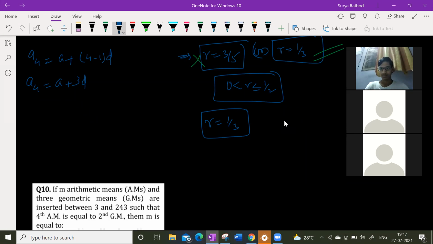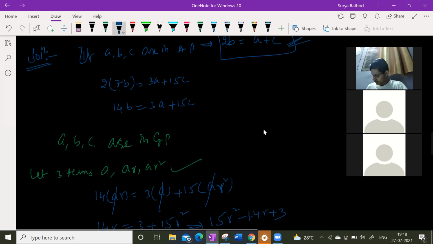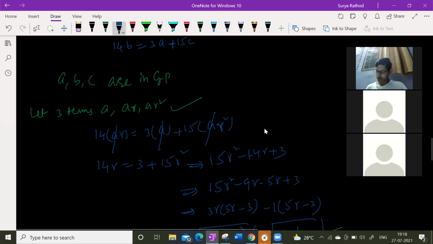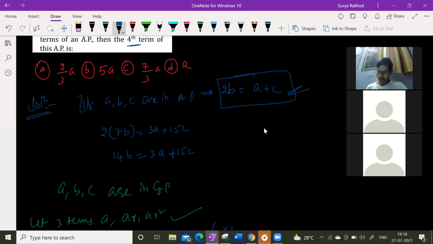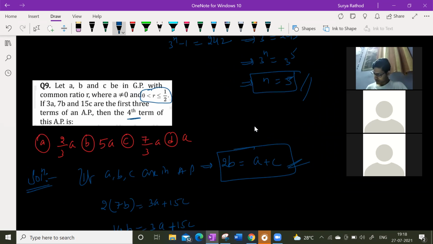Hello, how can I find out D? This is an AP. Look here. These 3A, 7B, 15C are in AP. What is the common difference over there?